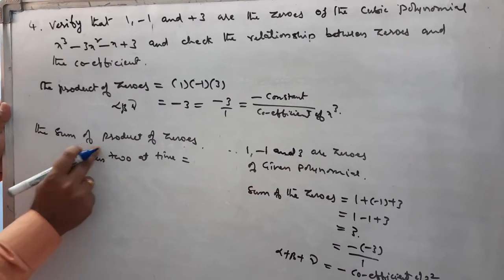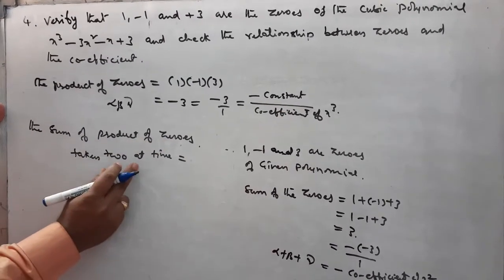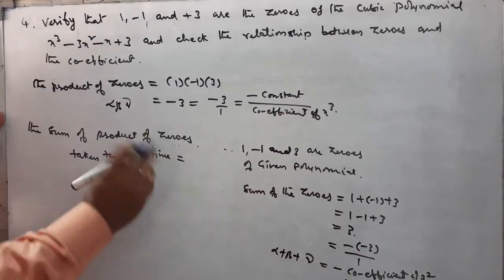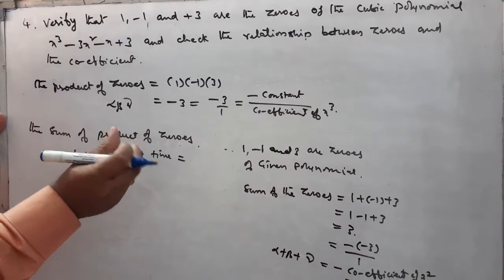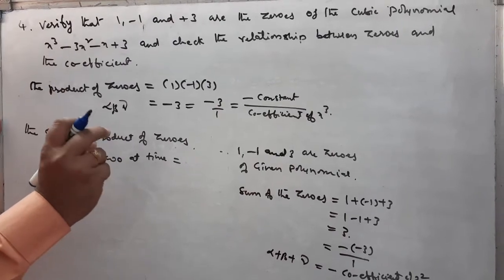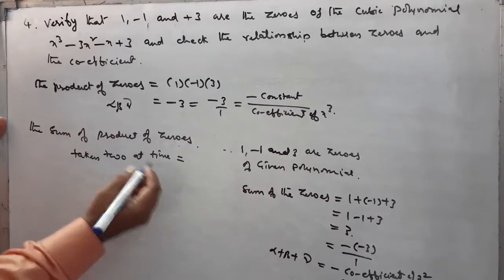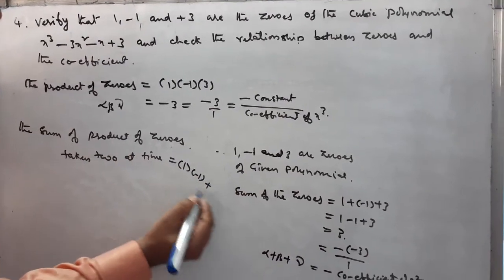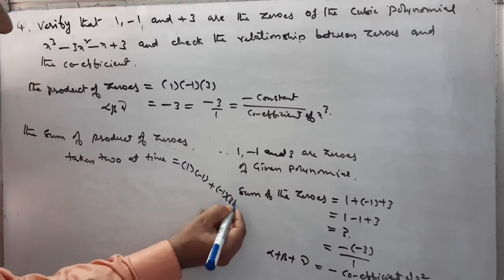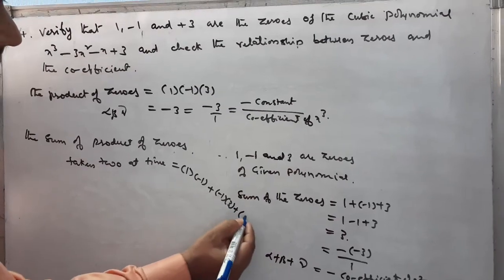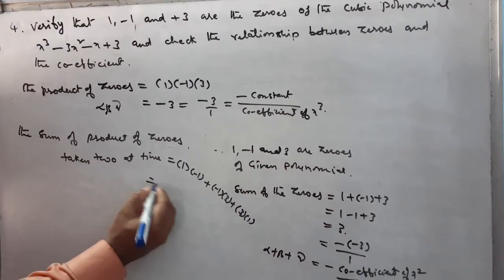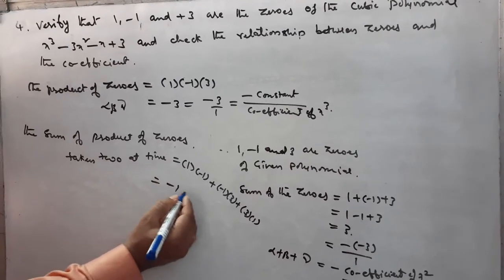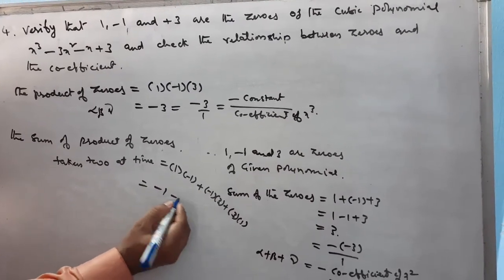Now it is the sum of product of zeros taken 2 at a time. 2 at a time means alpha beta, beta gamma and gamma alpha. That means 1 into minus 1 plus minus 1 into 3 plus 3 into 1. So that is minus 1, minus into plus, minus 3.